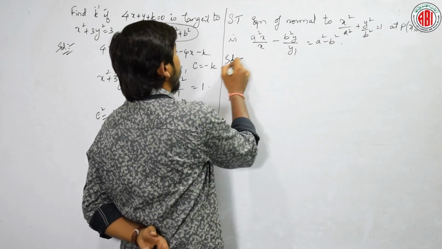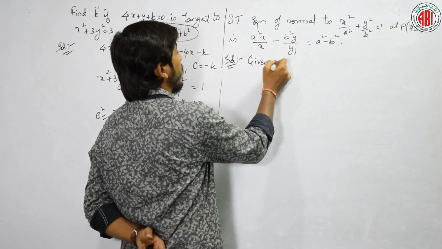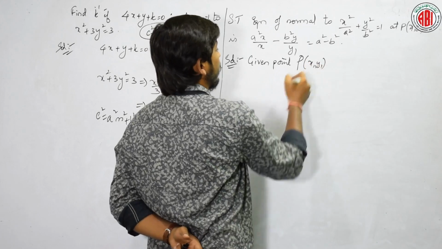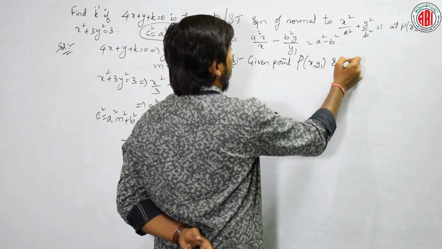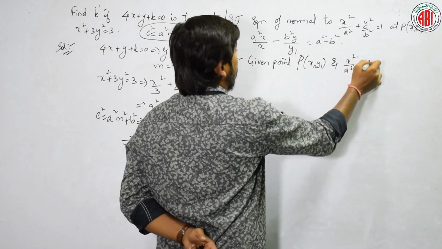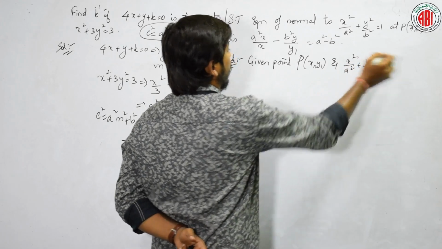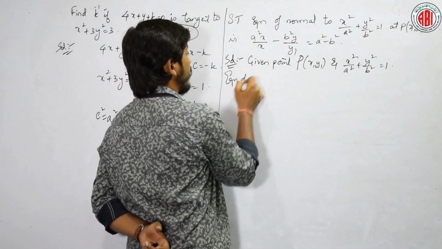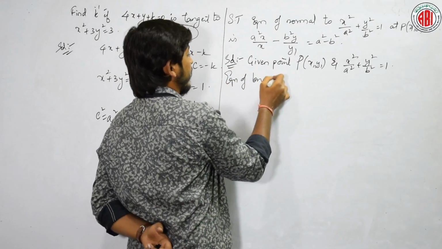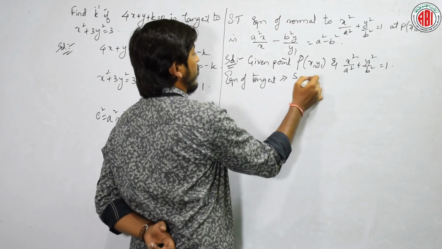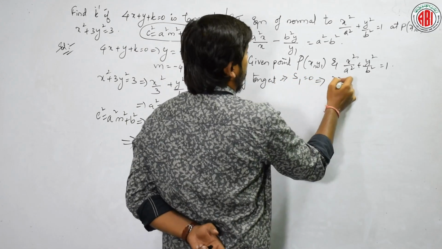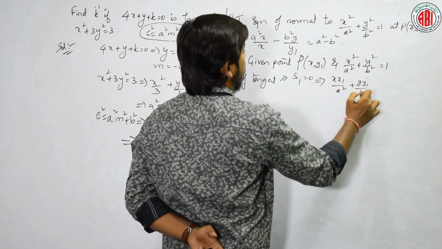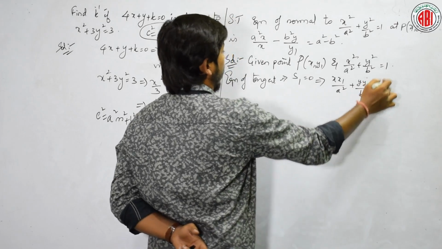So, given point P of x1 comma y1 and ellipse x square by a square plus y square by b square equal to 1. So, what is the equation of tangent? Equation of tangent is S1 equal to 0. Obviously, x x1 by a square plus y y1 by b square equal to 1.